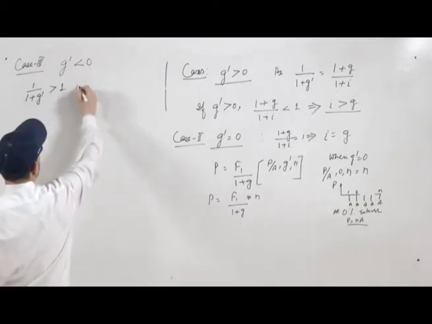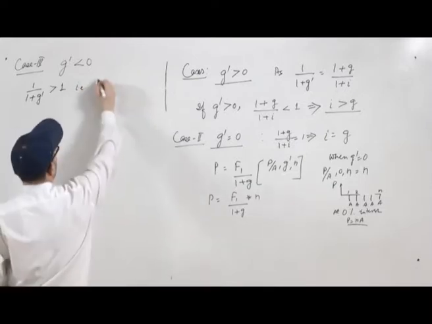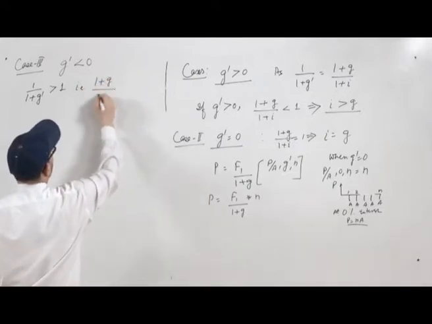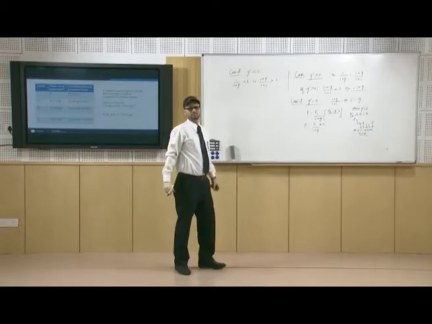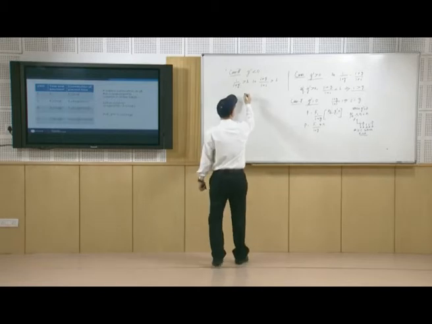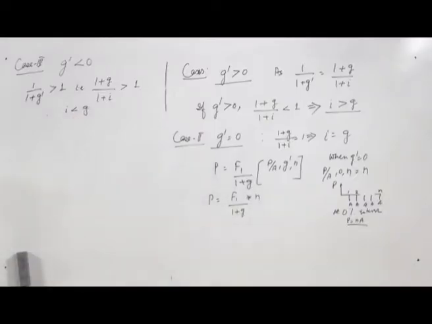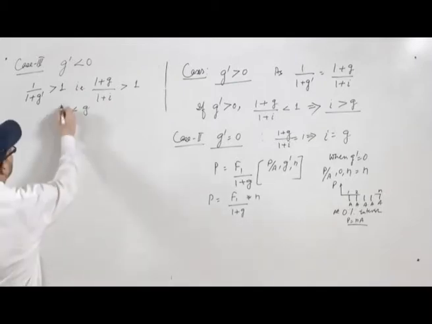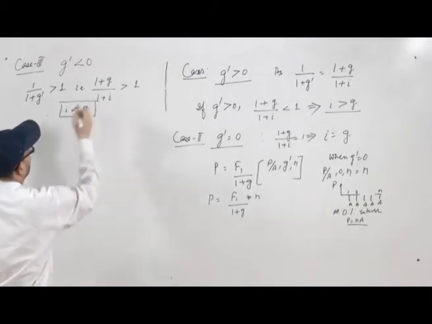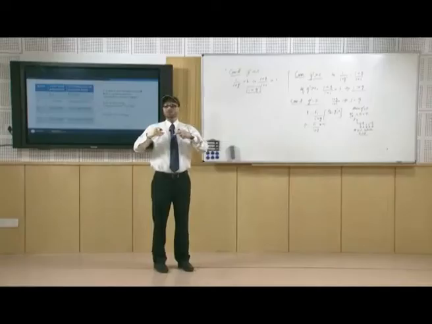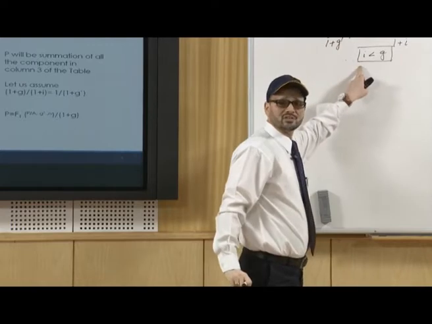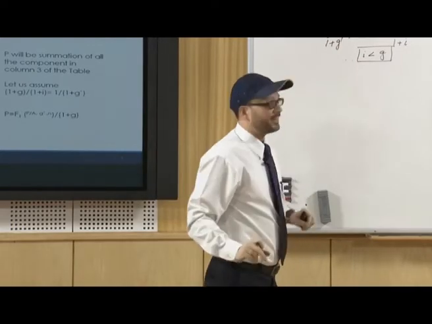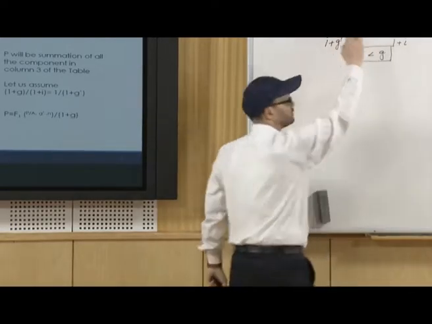That is, 1 plus g upon 1 plus i will be more than 1. So, i will be less than g. Whenever you have this condition, the constant percentage increase is more than the interest rate, and in that case your g prime will come as negative.